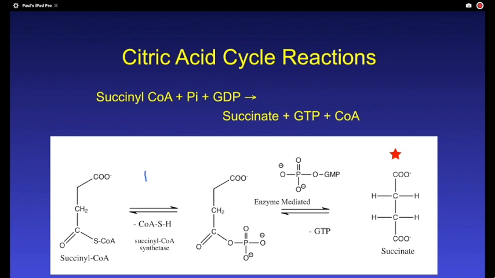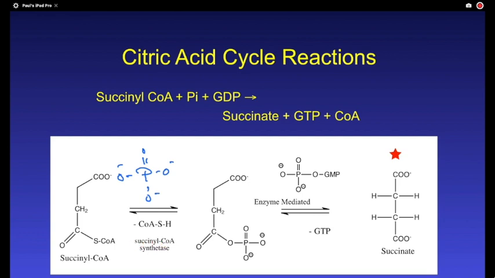Check this out. There is roaming around in the body a phosphate, just a lonely phosphate. And we go to the product. All right, succinate-CoA synthase.